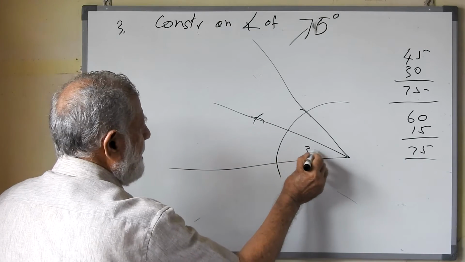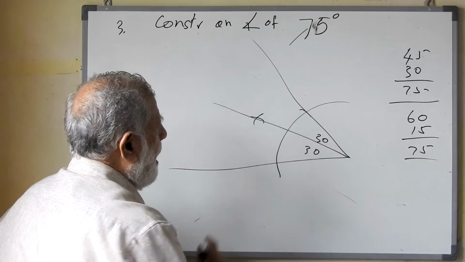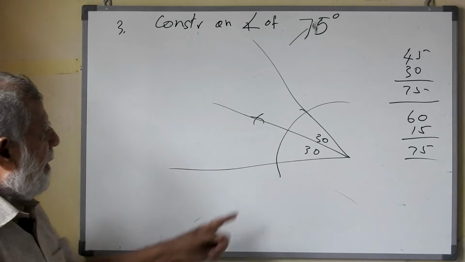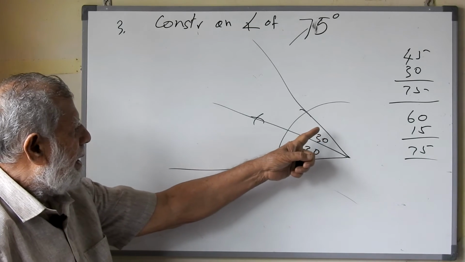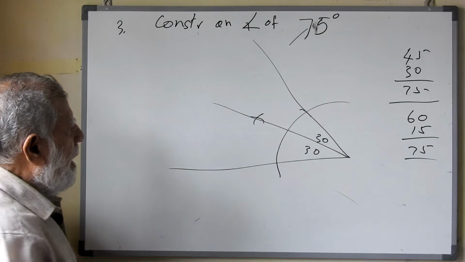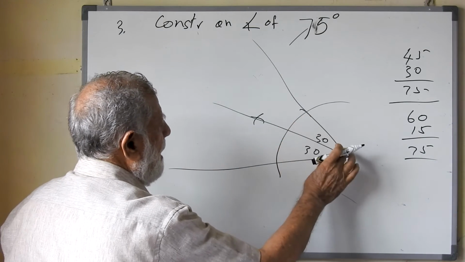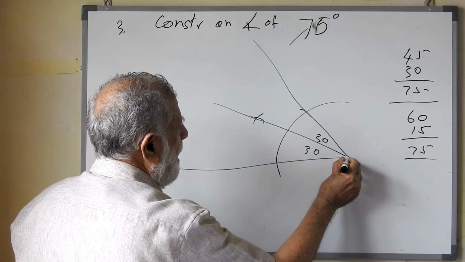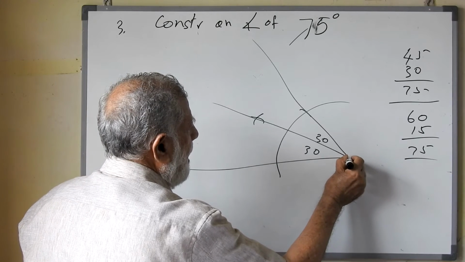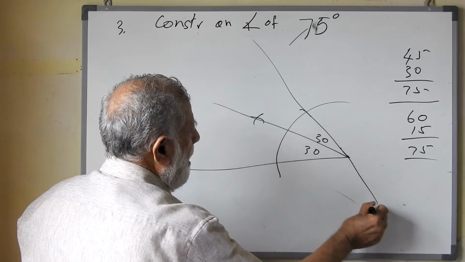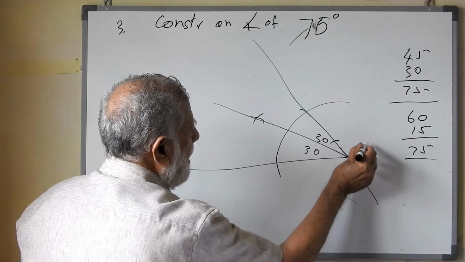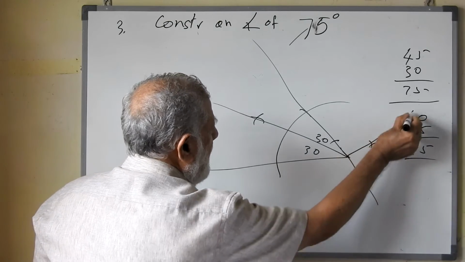This is 30, this is 30. Now we must get 45 degrees here. How to get 45 degrees here? You can draw a perpendicular here.